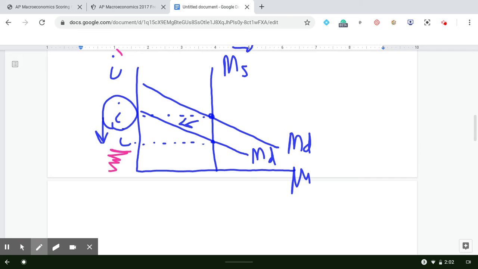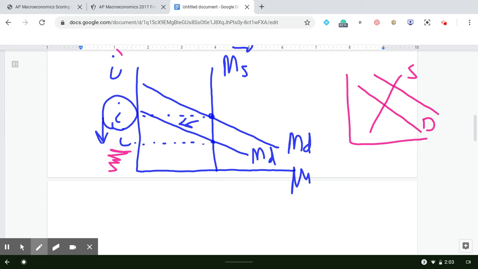Well, people will want the bonds with the higher interest rate because they're going to get paid back more on that principal than they would with the lower interest rate. So that's going to increase the demand for bonds. And if we increase the demand for bonds, it's just a simple market. The price of bonds will increase. Okay, that's what that'll do.